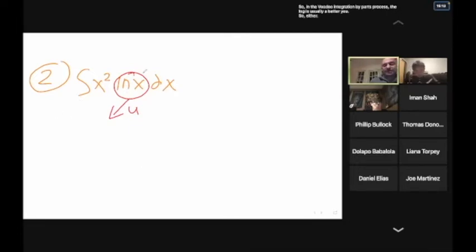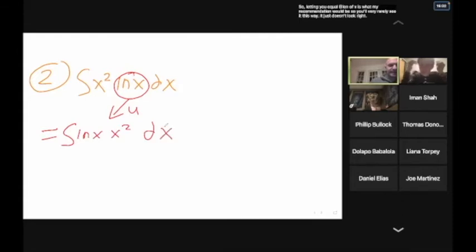So you could try it the other way and you might not be so successful, but letting u equal ln of x is usually a good way to go. So letting u equal ln of x is what my recommendation would be. You'll very rarely see it this way. It just doesn't look right. You often see it the way I presented it, but for integration by parts purposes, you want to switch it around.